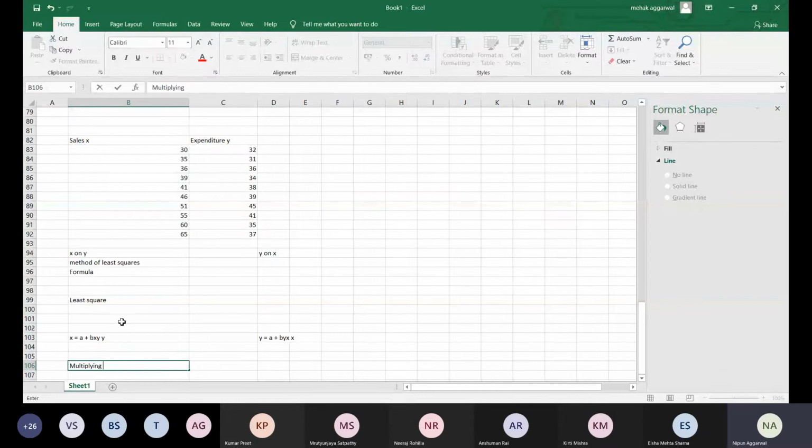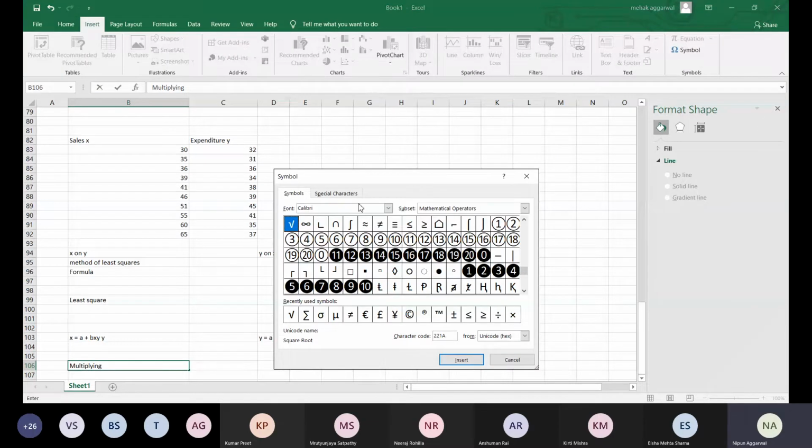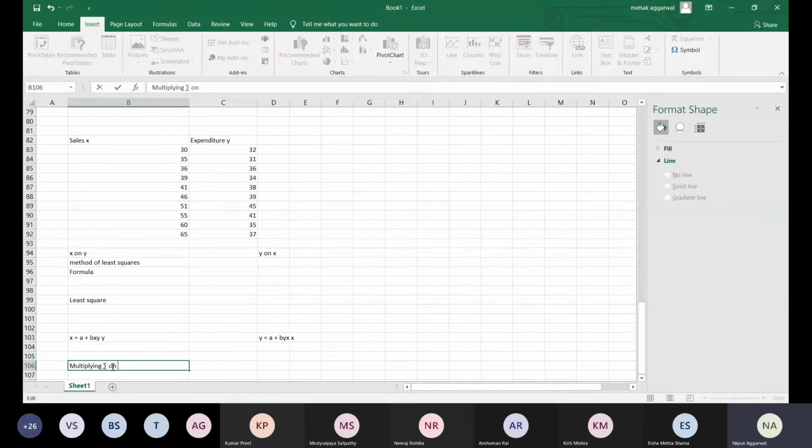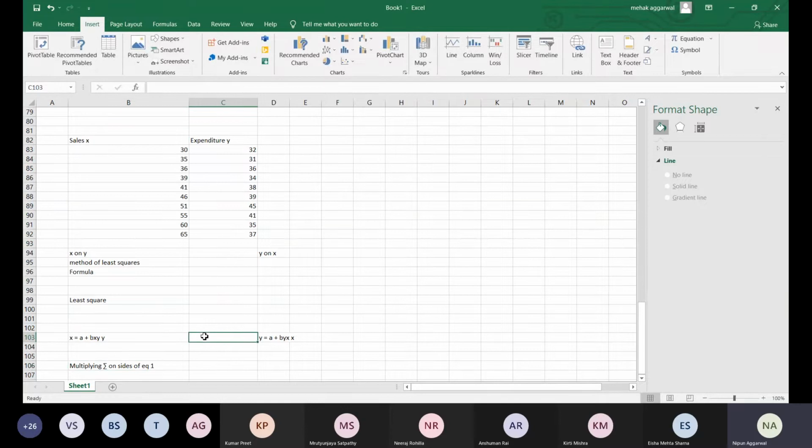Strictly, individual sigma does not have any meaning because sigma is an operation, not a number, but to remember the case it will be like this. So multiplying sigma on both sides of equation 1. Let this be equation 1.